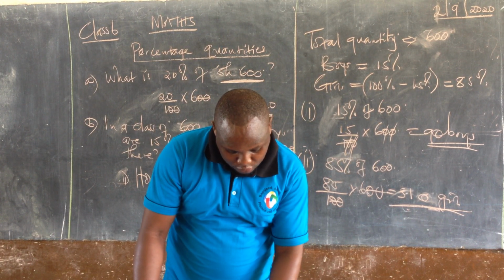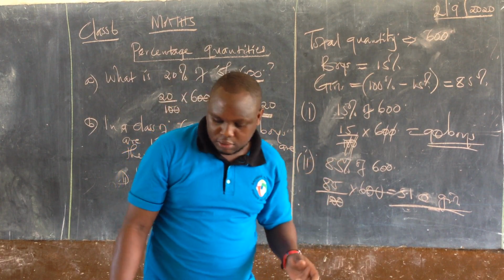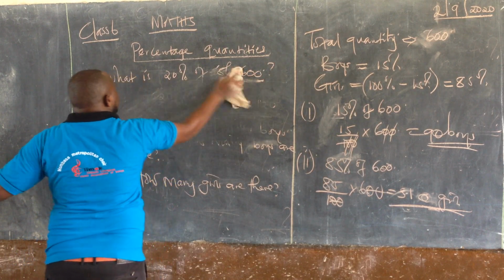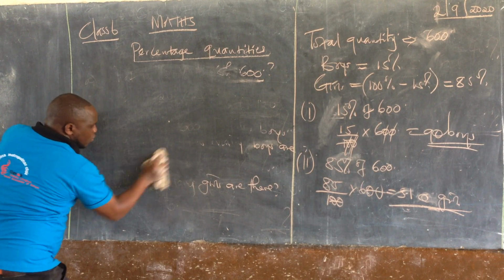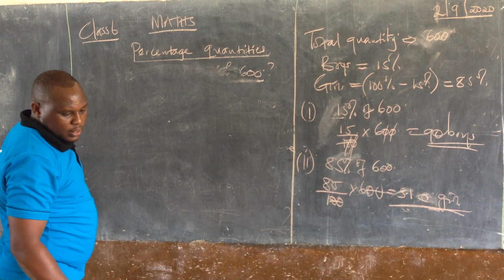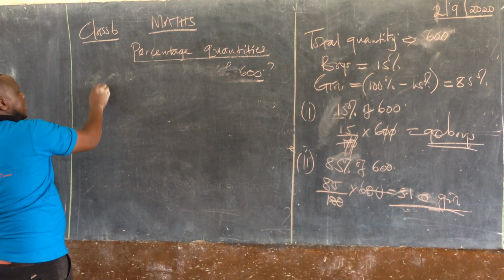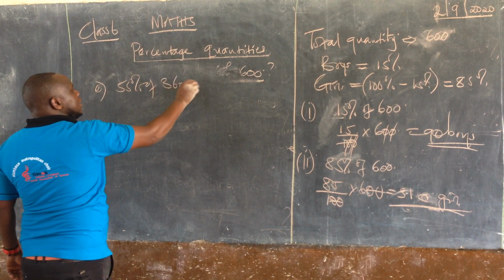What is 55% of 360 oranges? Let's answer that, Lana. What is 55% of 360 oranges? That is going to be C.